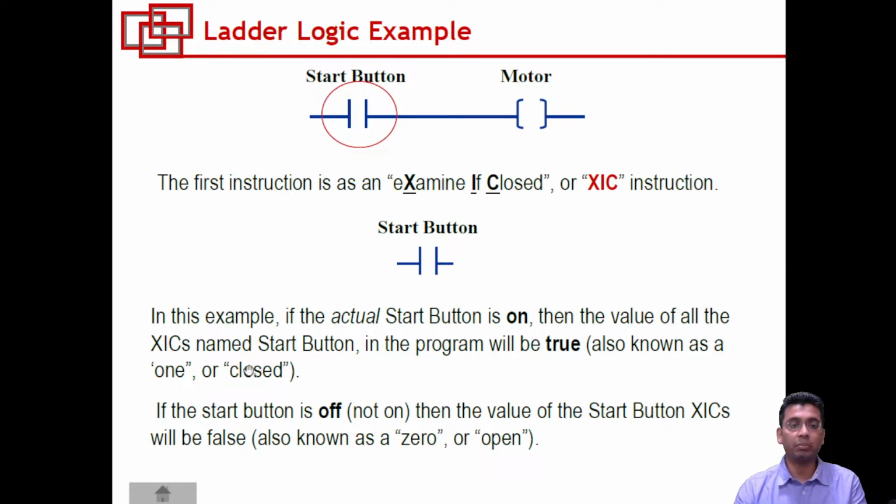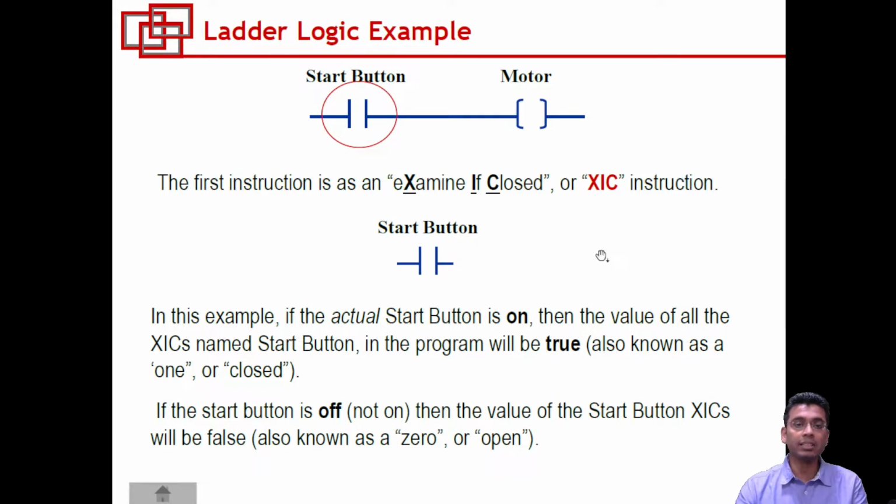So the XIC named start button in the program will be true, or you can say it will be closed, or the value will switch from 0 to 1. And if the start button is off, that means it is not on, then the value of the start button XICs, that is examine if closed instructions, will be false. You can also say it will be 0, or the circuit would remain open. So these instructions are known as XIC instructions, and it is read as examine if closed.